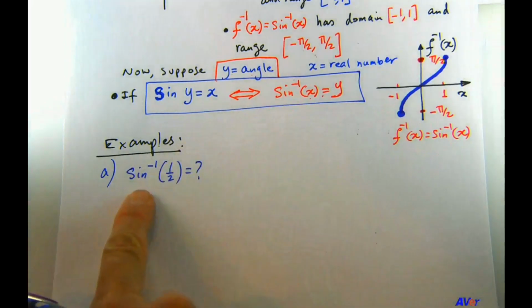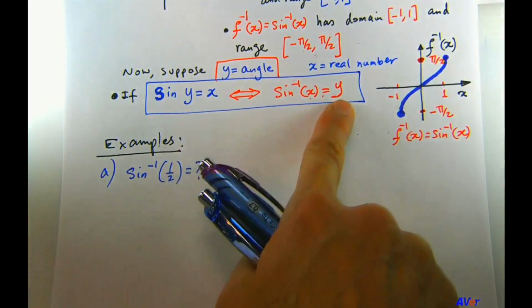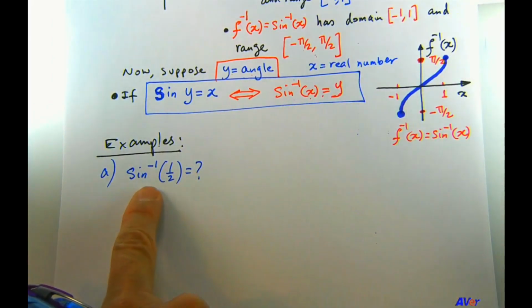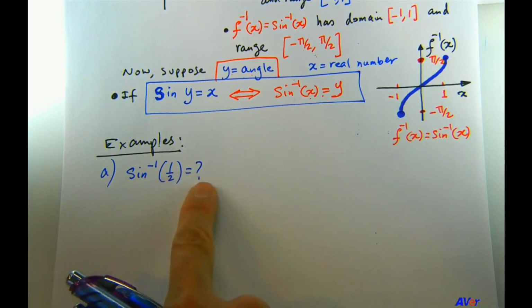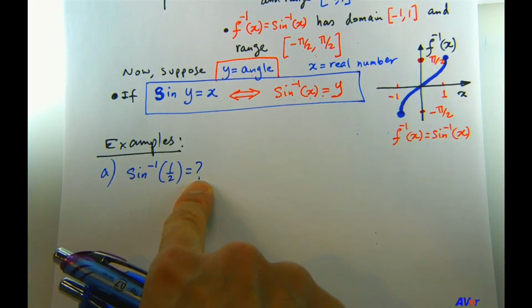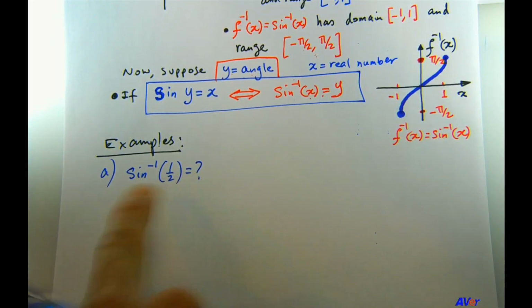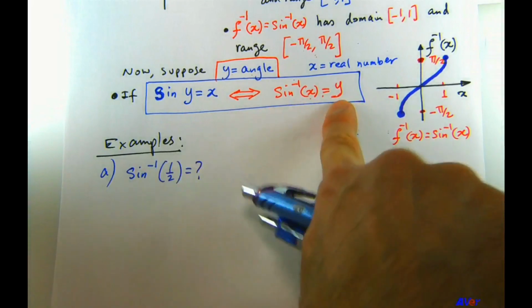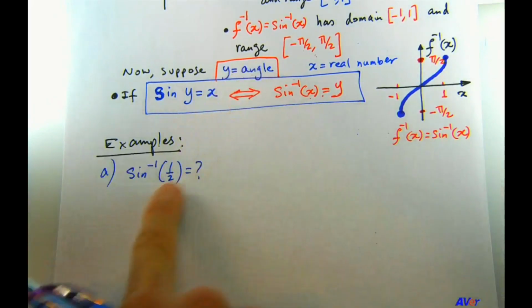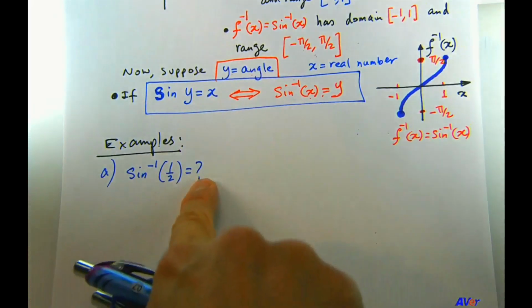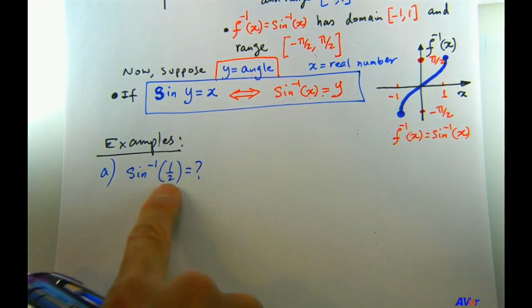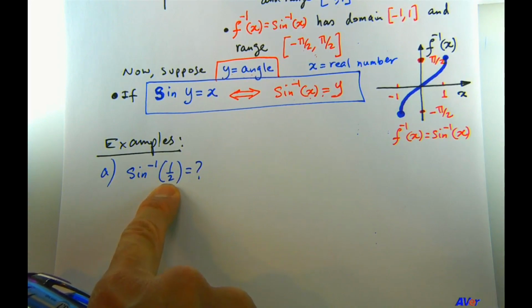The inverse of any trigonometric function is going to result in an angle. So what this question is asking is: the sine of what angle is equal to 1/2? What angle has a sine of 1/2?